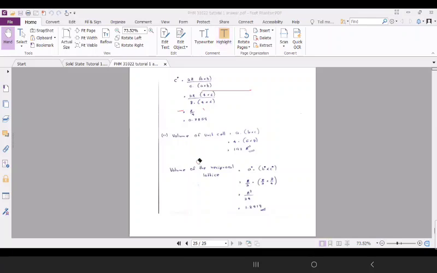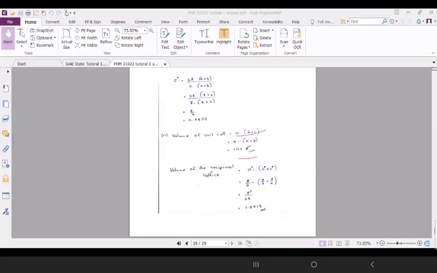Okay, let me clear this. So using those actual intercept lengths, you can easily substitute those a, b, c, and you can get the volume of the unit cell. That is totally fine. We can easily get it.